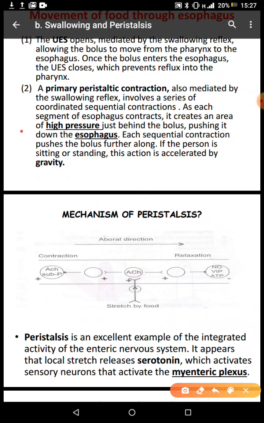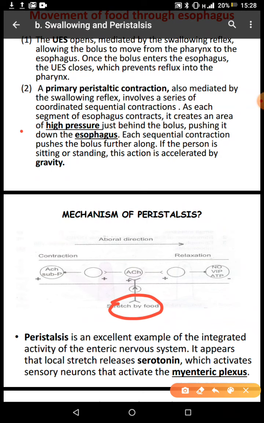So what we are saying is that a stretch by food will cause the stretch receptors to fire an action potential, resulting in local discharge of the local neurons. At the terminals of the neurons, they will release serotonin, which will activate the myenteric plexus.